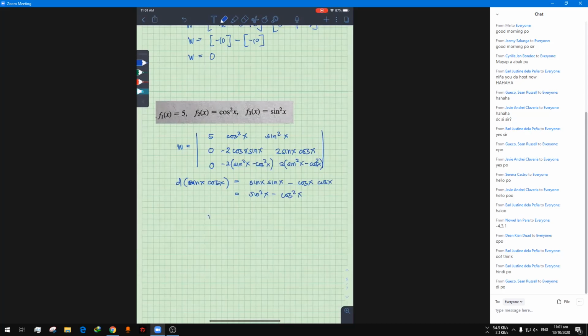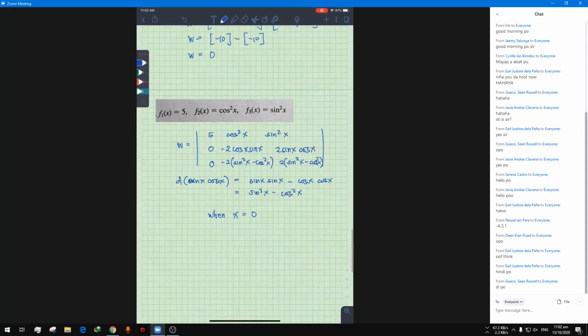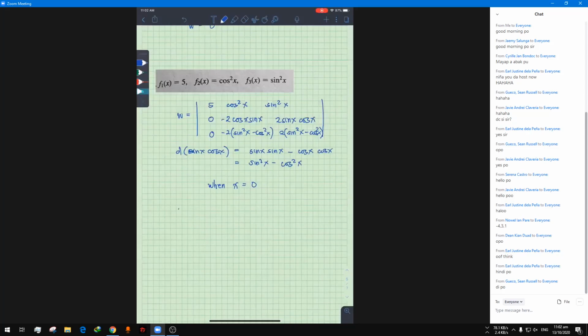So ngayon, since it involves cosine trigo functions, mag-assume ako ng, let's say, x is equals to 0. So di ba kapag cosine 0, that is 1. Sine 0 is 0. Okay? So if x is 0, so W then would be equal to 5, 0, 0. So cosine 0 is 1, 1 squared is 1. So sine 0 is 0.